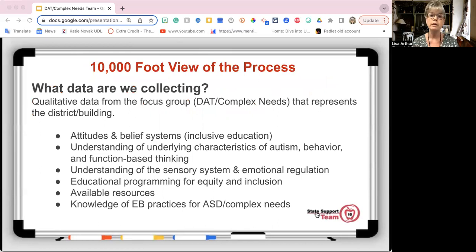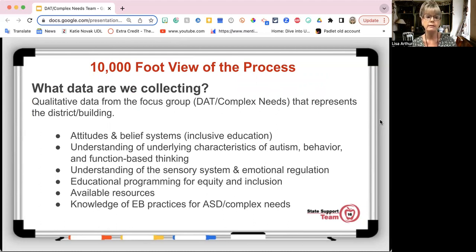So I want to start with that 10,000 foot bird's eye view, looking at this team. What data is this team going to collect? We're looking at qualitative data from this focus group that's going to be evaluating and assessing these different areas as it comes to district-wide staff capacity. What are those attitudes and belief systems when it comes to inclusive education?